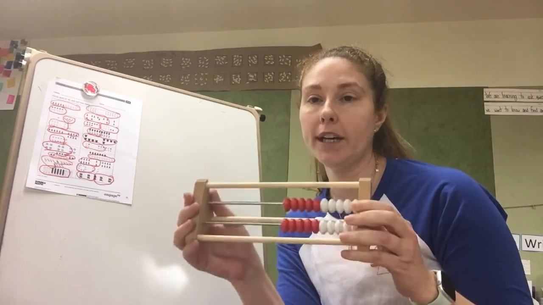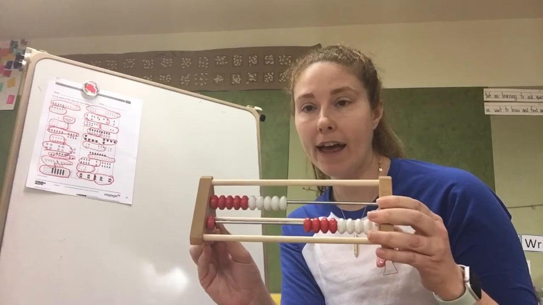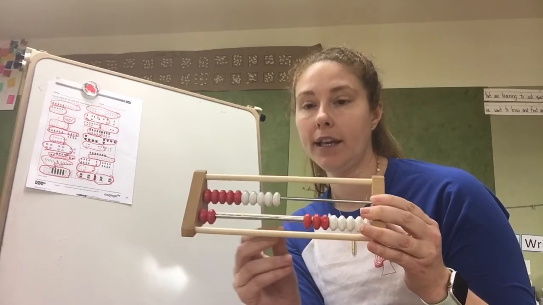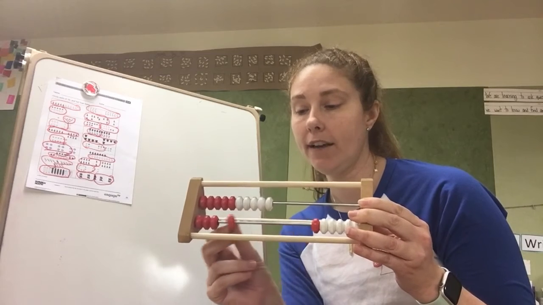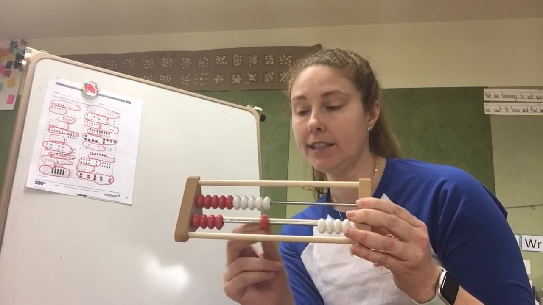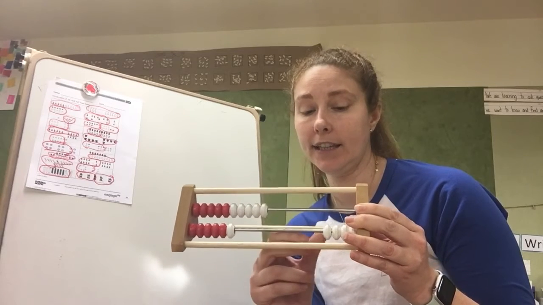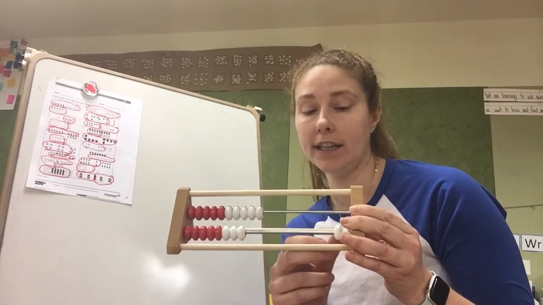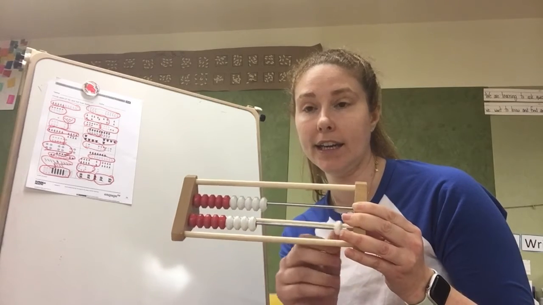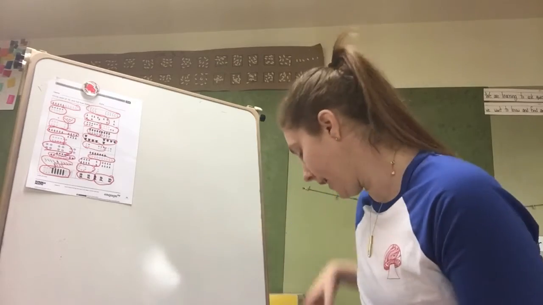And remember, it's important to understand that 10, 1 is 11. 10, 2 is 12. 10, 3 is 13. 10, 4 is 14. 10, 5 is 15. 10, 6 is 16. 10, 7 is 17. 10, 8 is 18. 10, 9 is 19. 10, 10 is 20. Great, okay?